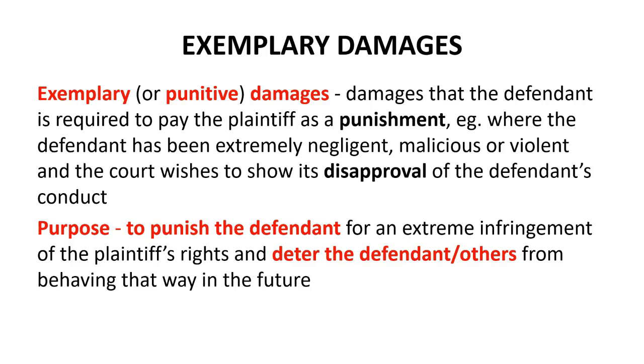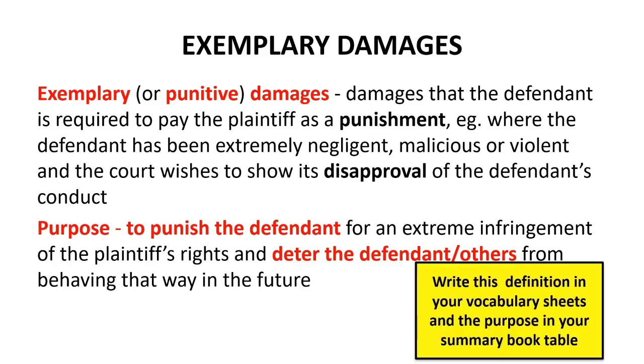The purpose of exemplary damages is to punish the defendant for an extreme infringement of the plaintiff's rights and to deter the defendant and others from behaving that way in the future. Look down the left-hand side of your vocabulary sheets, find the term exemplary or punitive damages and write this definition in there. Then write the purpose of exemplary damages down in the middle column of your summary book table.